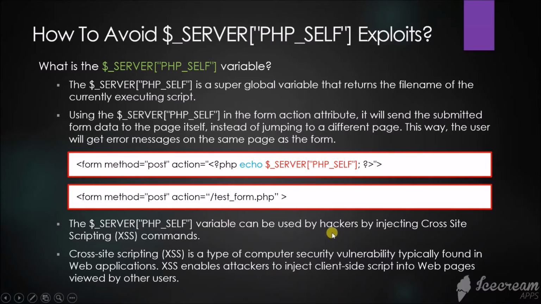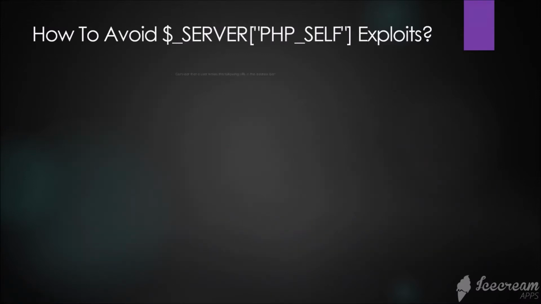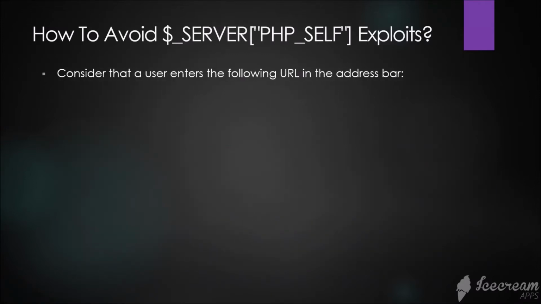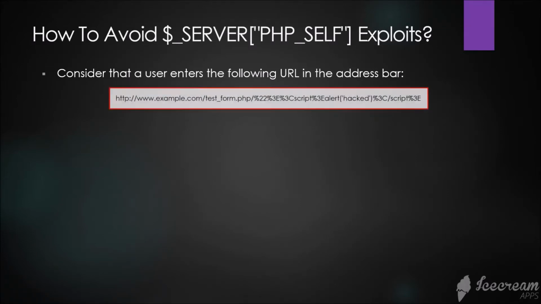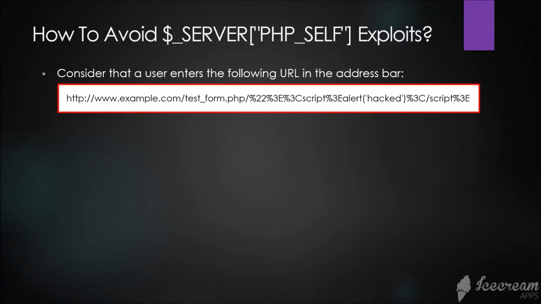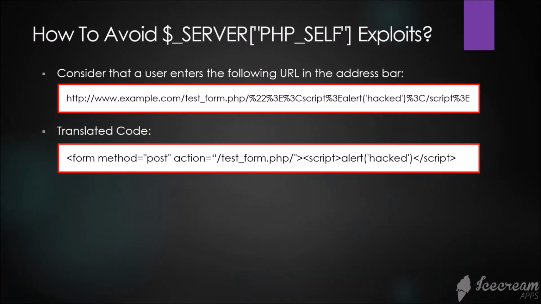So, paano tayo makaka-avoid nun, there are just simple ways. So, let's try to consider muna ito that a user enters the following URL in the address bar. So, sabihin natin ganito yung code na nilagay niya. And once it is translated, magiging ganito yung code. As you can see dito, it is a JavaScript code. Okay?